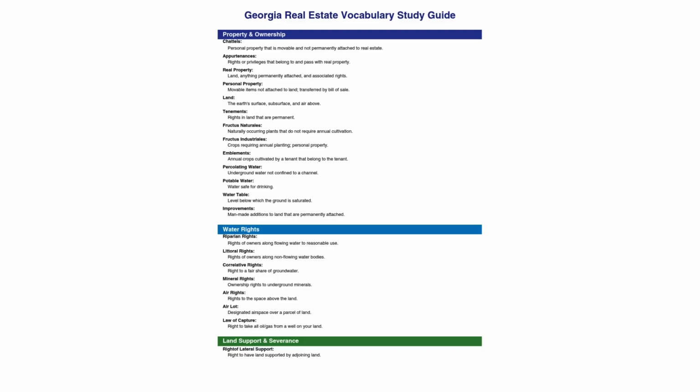Next, key terms around property and ownership. We have chattels, which is personal property that is movable, typically like your furniture and things of that nature that you're using.